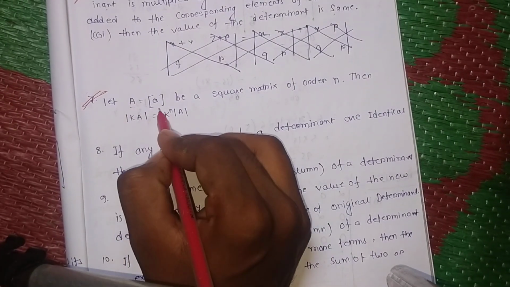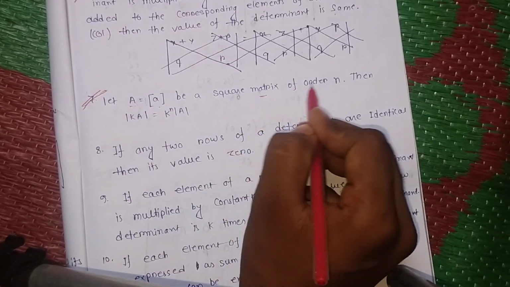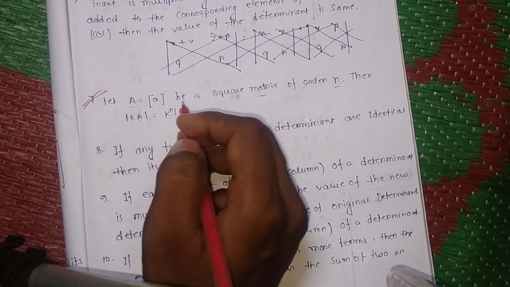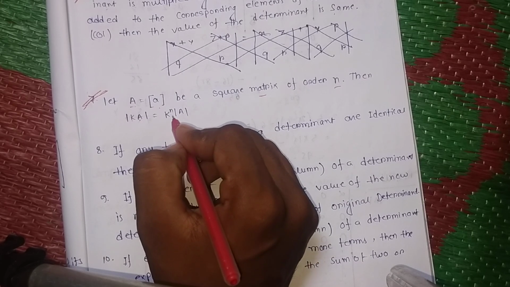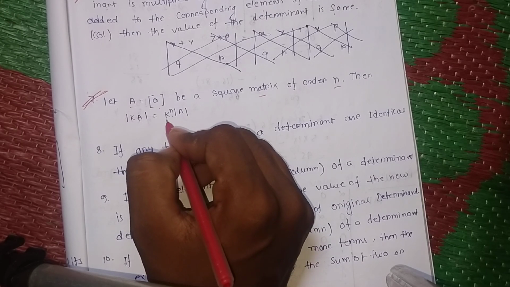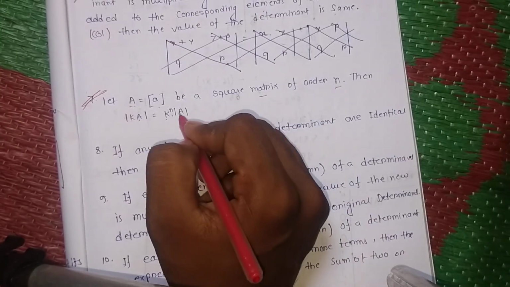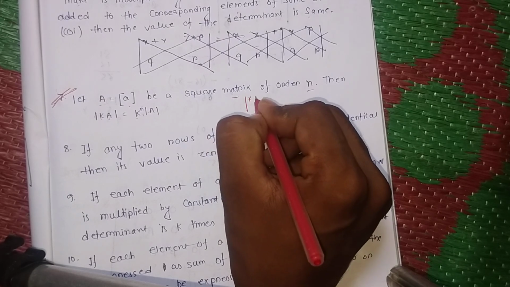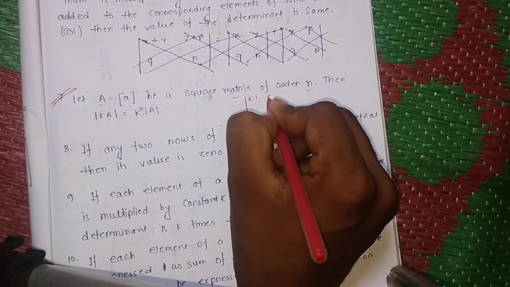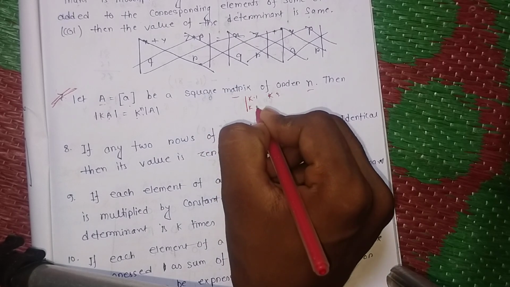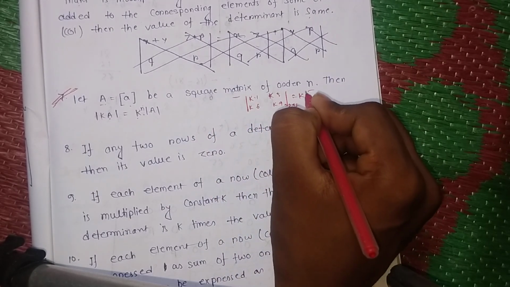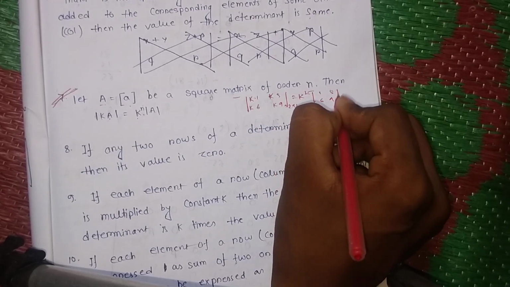If A is a square matrix of order n, then K multiplied with every element of the determinant, if we take K common from all the elements, gives K to the power of the order. For example, with K1, K5, K6, K9, the order is 2 cross 2, so you have to write K squared times the determinant 1, 5, 6, 9.